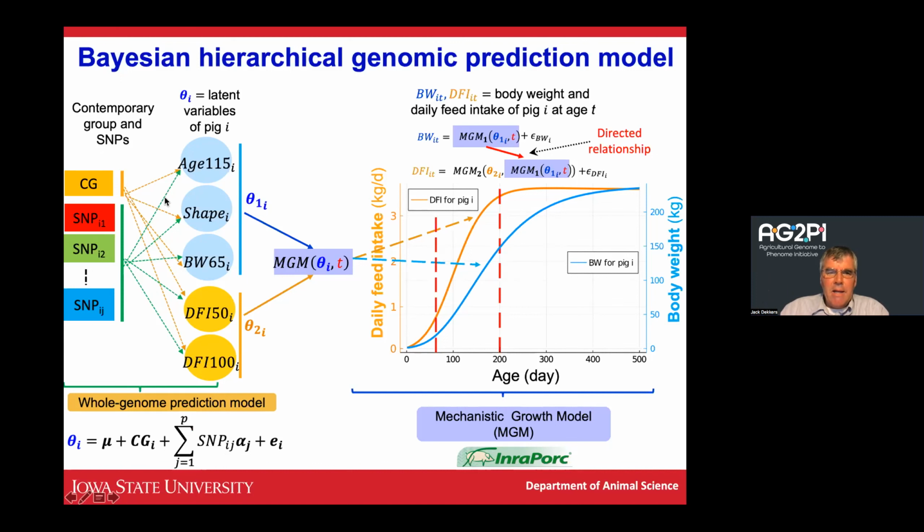Well, you get them by estimating or analyzing these latent variables in terms of marker covariates. And then it gets put through the mechanistic model, so this becomes the link function to link the SNP effects to the latent variables, and then to the observed phenotypes, which in this case are body weight during this period and feed intake during this period.